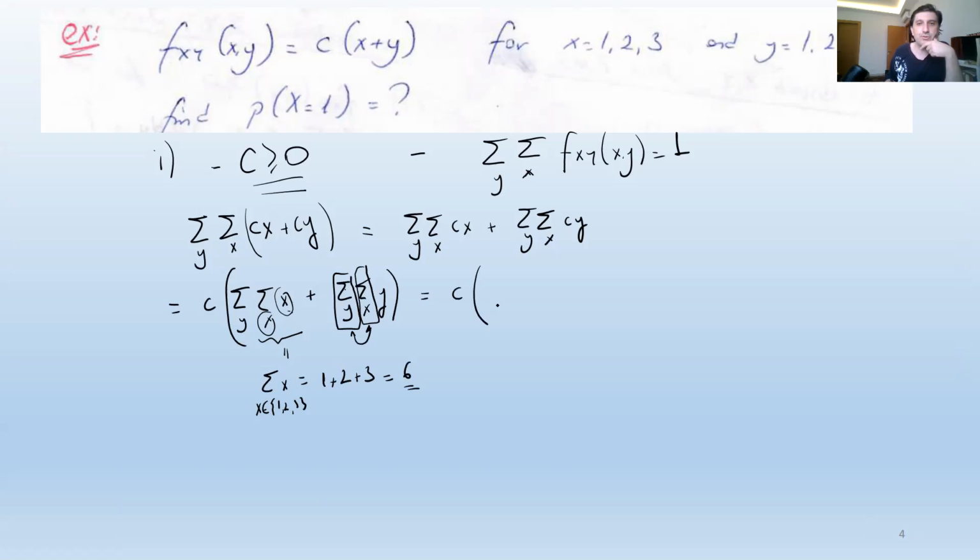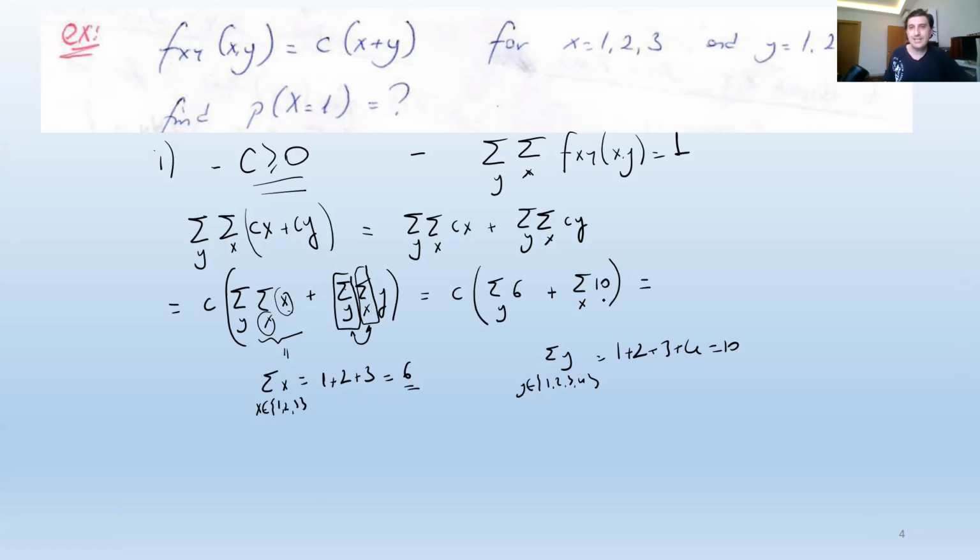So therefore, this is going to be the sum over y of 6 plus, this time we have x here, and we can do the same thing for y. It's going to be y is a member of 1, 2, 3, 4. It's going to be 1 plus 2 plus 3 plus 4, which is going to be 10. Yeah, so this is equal to 10.